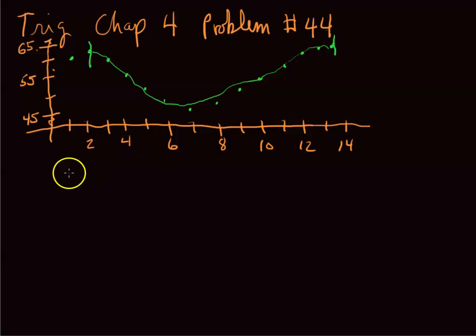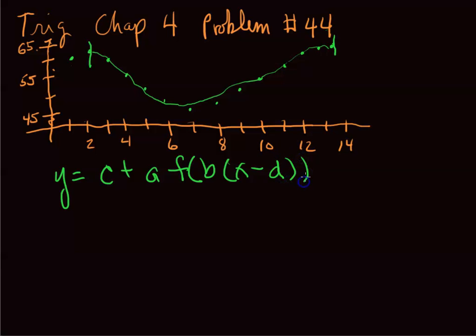Well, remember, y is equal to c plus a times some function b x minus d. So how do we find these? Well, the maximum is 61.7.